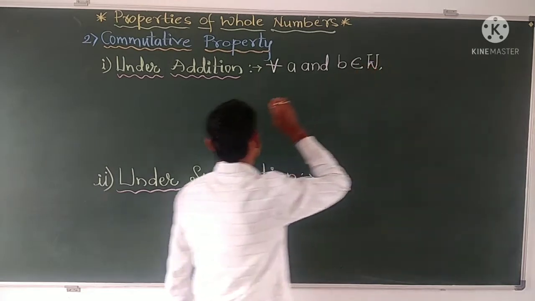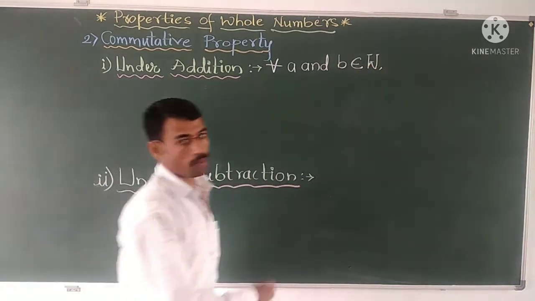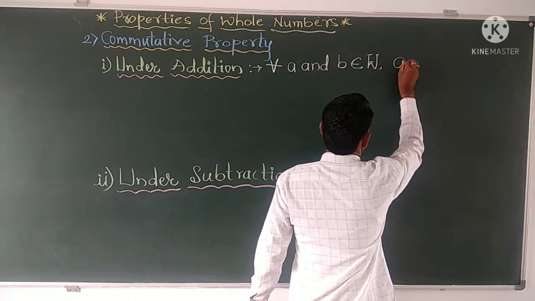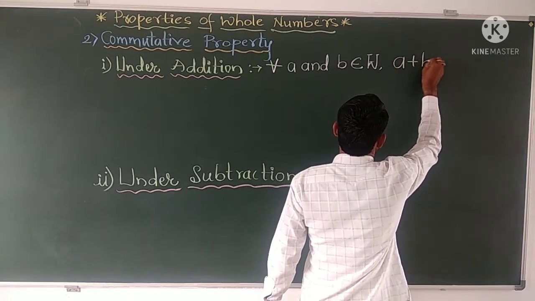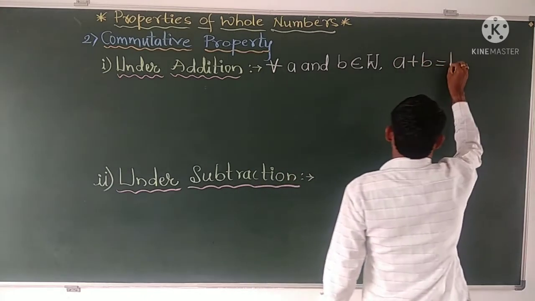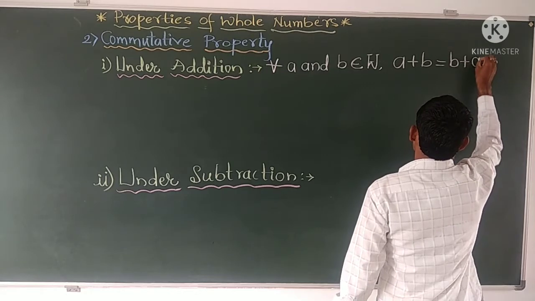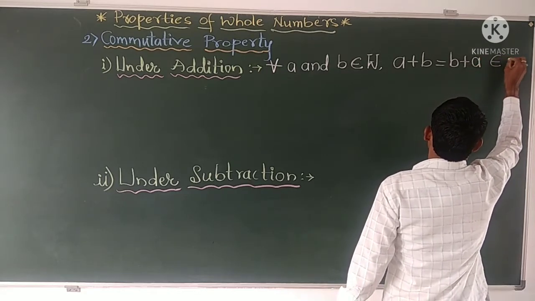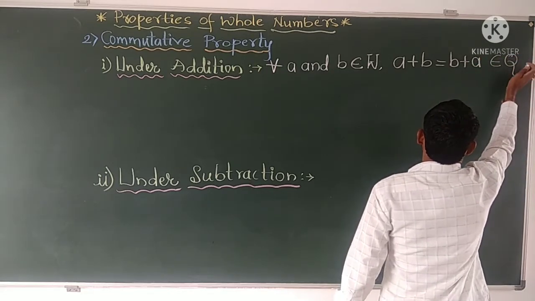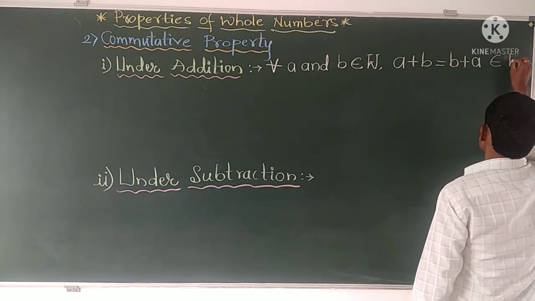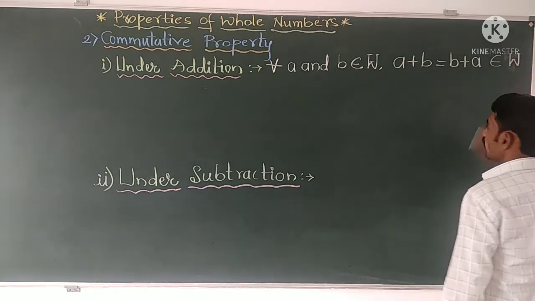Here what have we taken? Addition operation. Then a plus b is equal to b plus a, that also belongs to W. Clear?